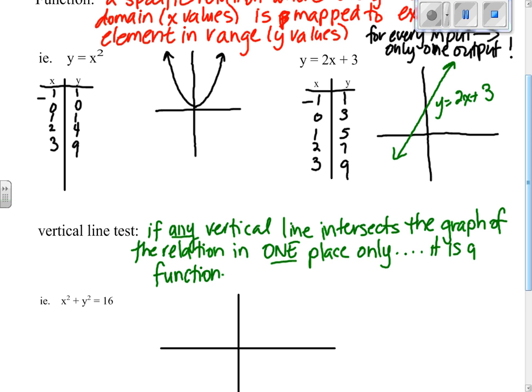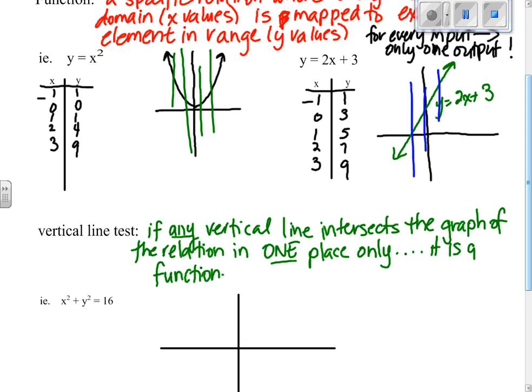For the two functions above, any vertical line that I could draw on that parabola would only ever hit that parabola in one spot. It is a function. For the line, any vertical line would only ever touch that line in one place. It is also a function.